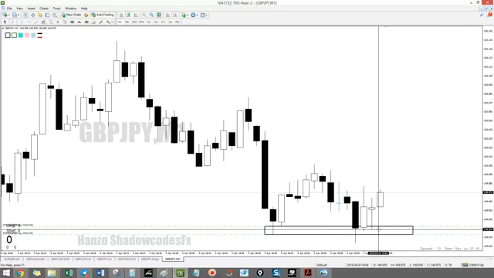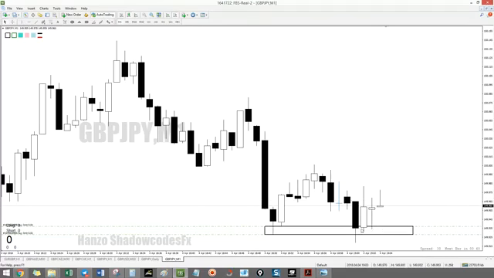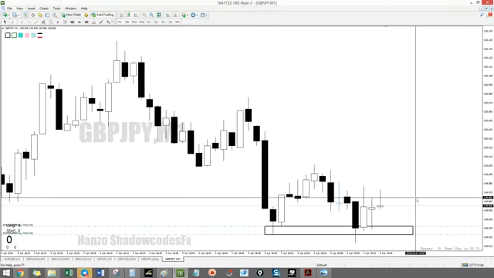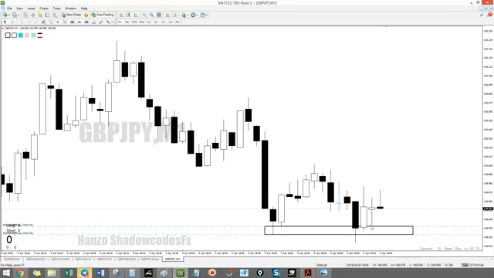You're floating about 0.2 pips, so when this thing is floating, you cut loss. Let's wait for price to go to our level.